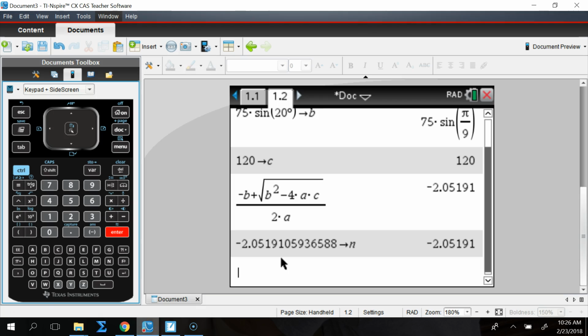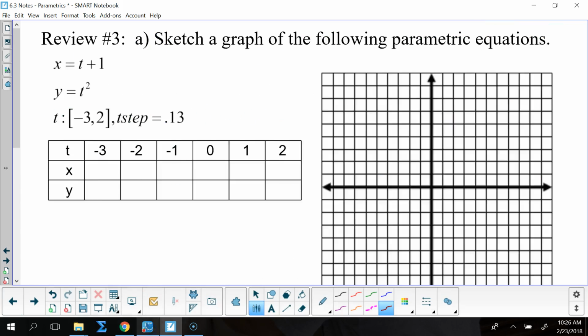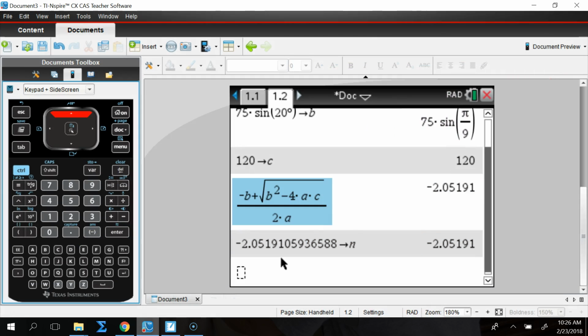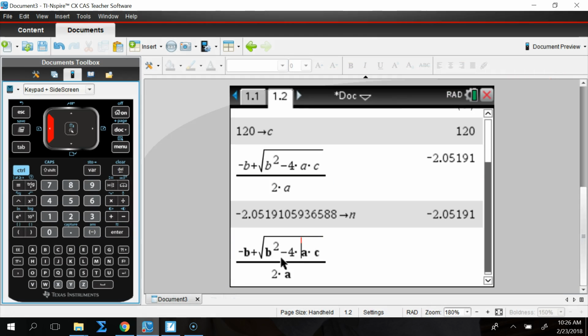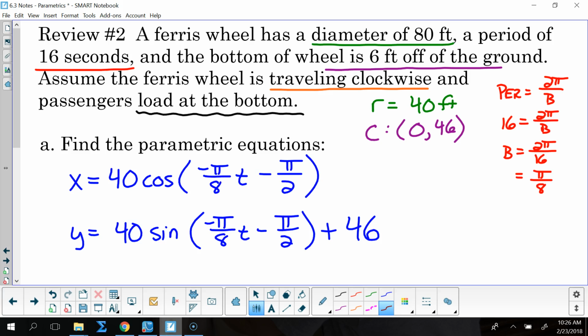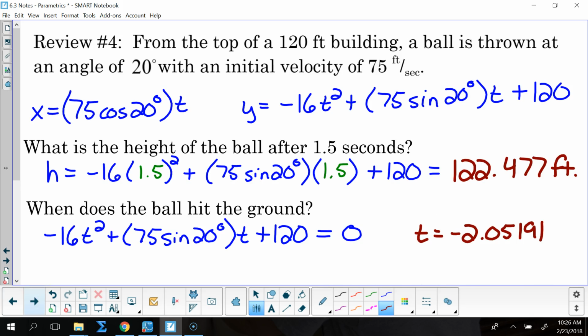Then I can go back into it, and I can just go, whoa, tap the brakes. Why won't it let me just go back up here? There it goes. I can just go back right there, and all I've got to change is that plus sign to a minus sign. And that's going to give me my other zero of 3.65513.